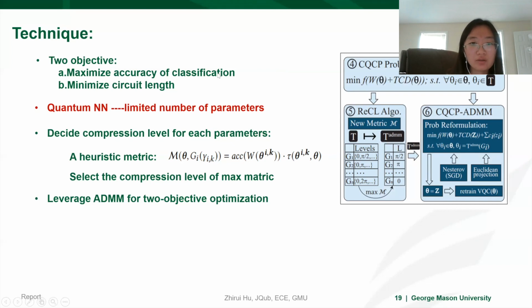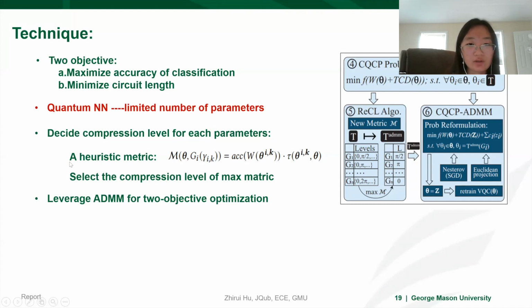So based on the property, we use a heuristic metric to get the sensitivity. The metric is the accuracy multiplied by t. We would like to maximize the accuracy, and t is to minimize the circuit length.